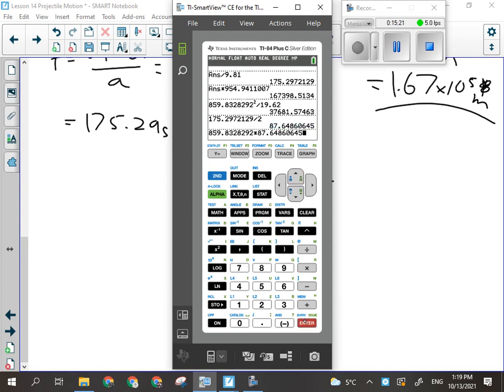That's VI times T, plus 0.5 times negative 9.81 times that number again. Whoops, not divided. Times, and that number has to be squared. Okay, I get exactly the same number. And I should get exactly the same number. Don't do it both ways on the test. It takes too long. Okay, pick one for you.